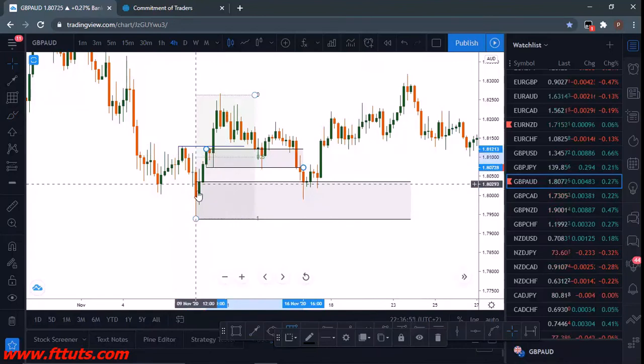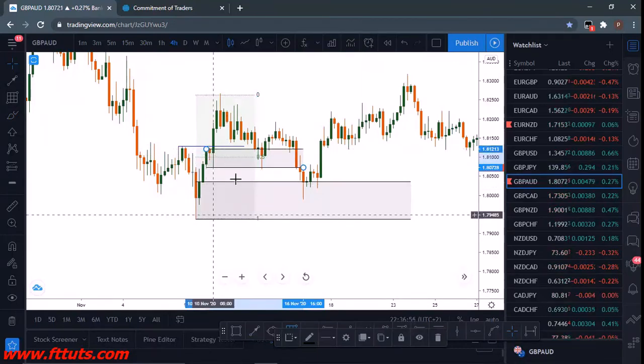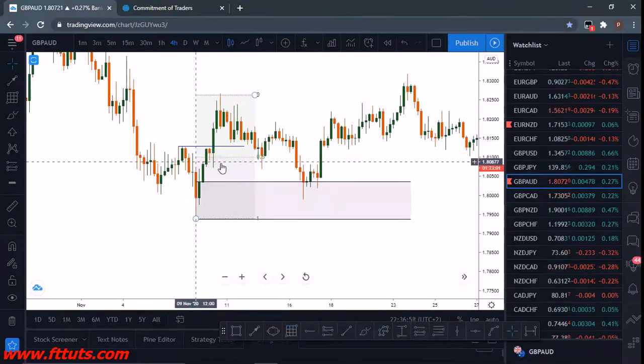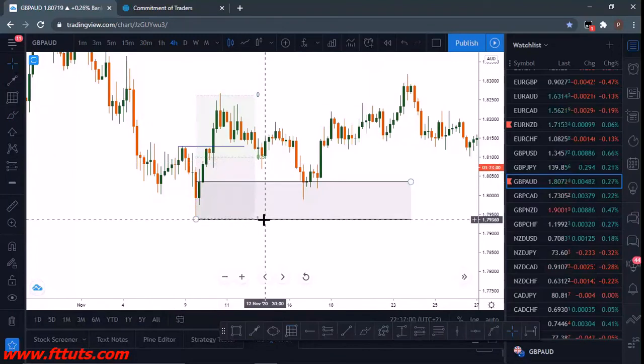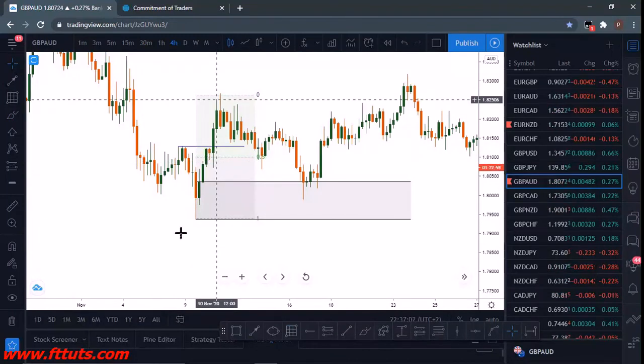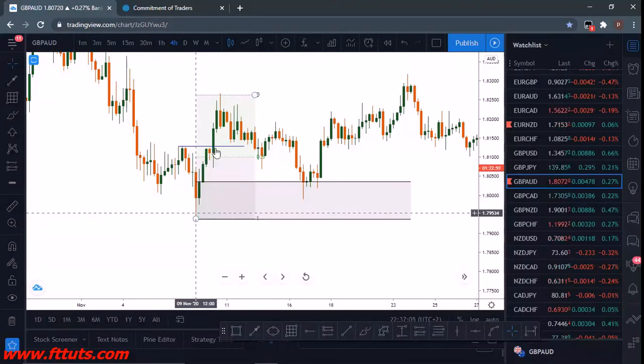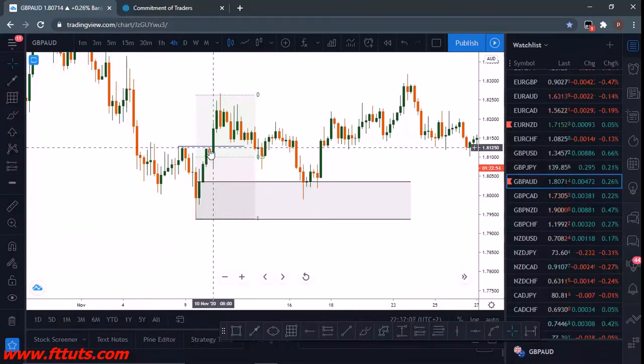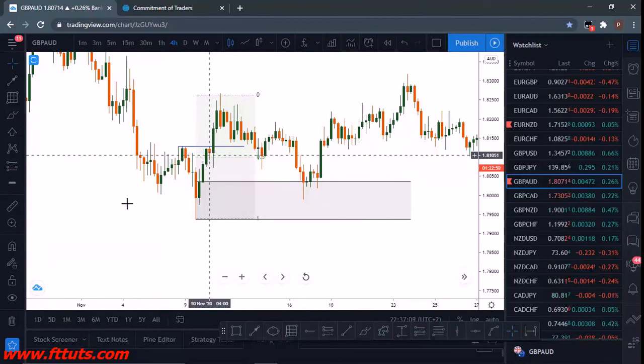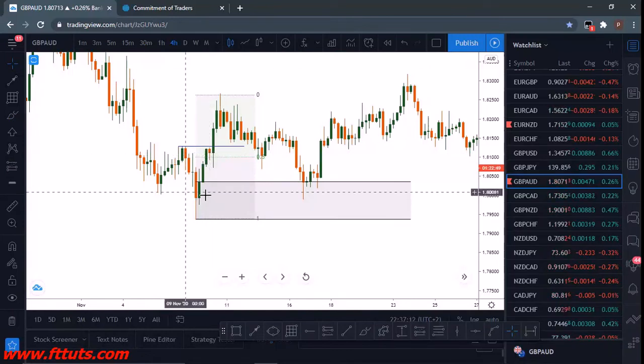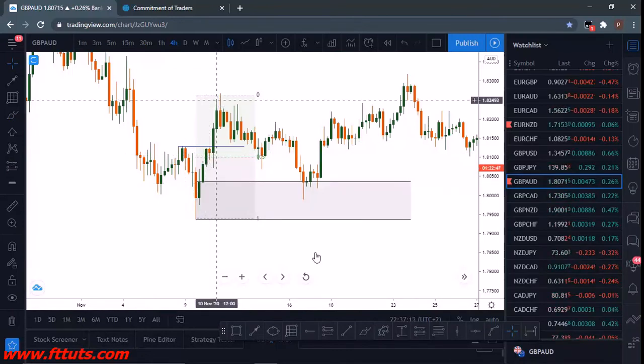So it's not valid. We want to trade below the 50% when we're trading for demand. When we're trading for supply, we want to trade above the 50%. So this one qualifies as a demand, but it's not valid for us. The one below is fine, it qualifies.